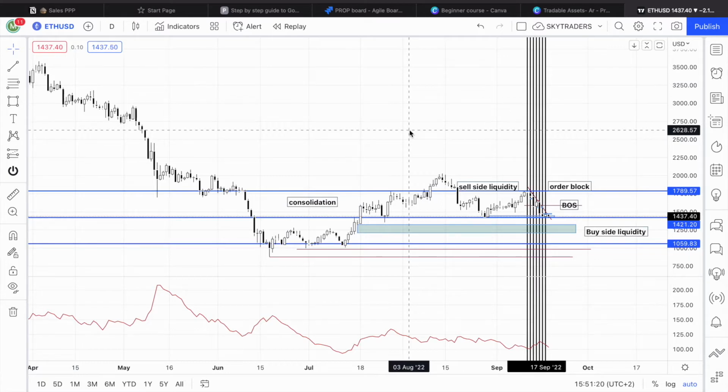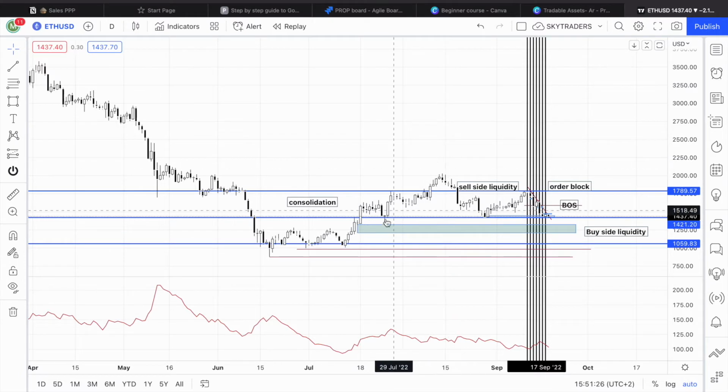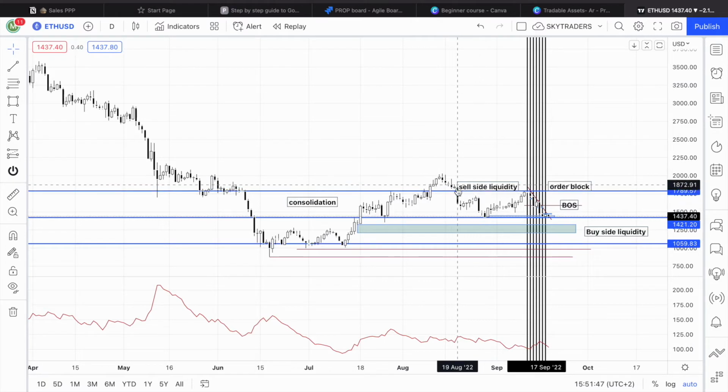So on the daily chart, as you may know, currently we're trading within this range, between 1999.97 and 1437.4. It's a consolidation area, and whenever there's a consolidation, the market is trying to collect orders in both directions, right? So we can see sell side liquidity and buy side liquidity exactly at this candlestick, where we broke this market structure again with a high pressure sell candle.